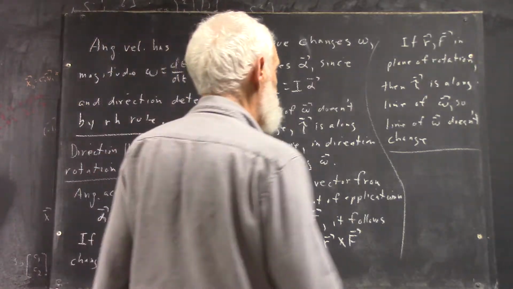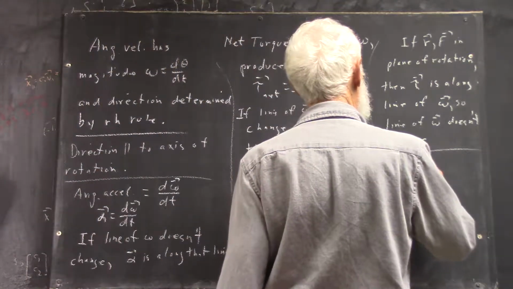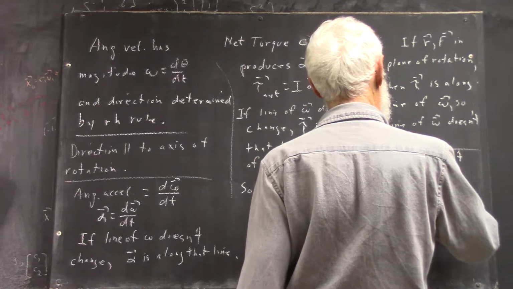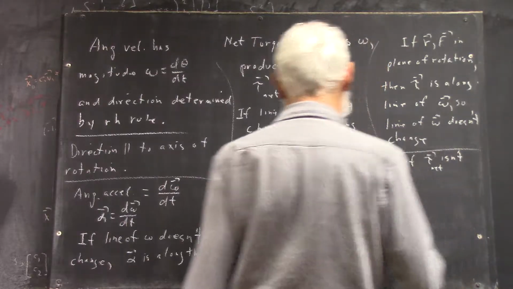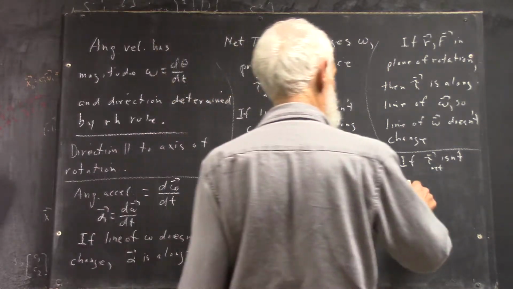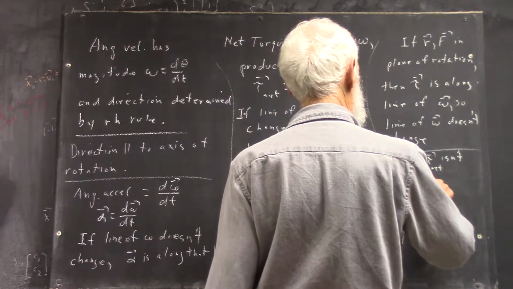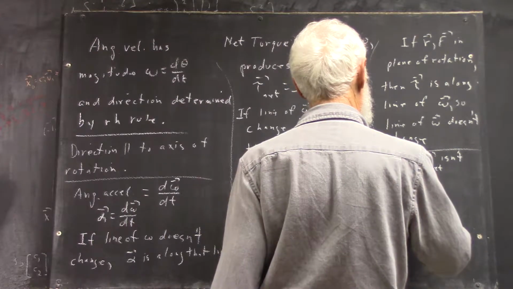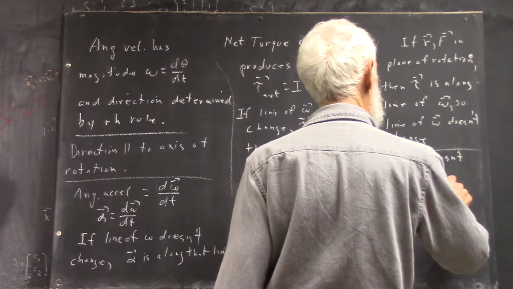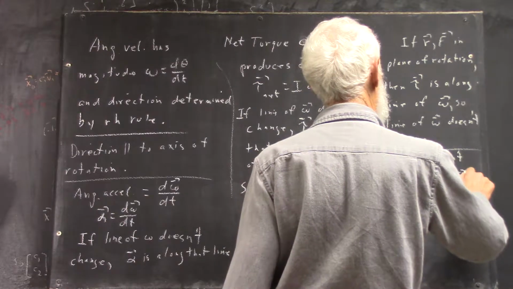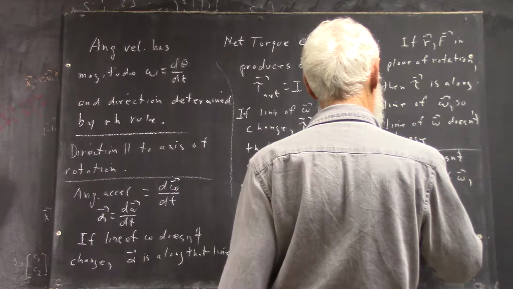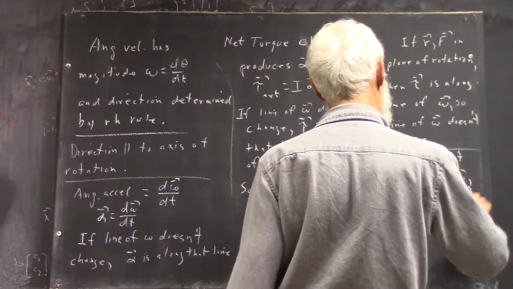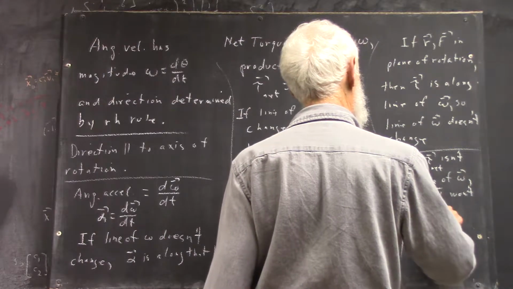Okay? Now, so I can say that if the net torque isn't along the line of omega, and alpha won't be along that line.